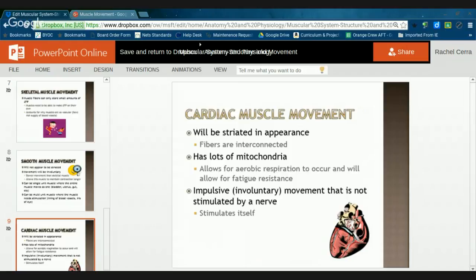Because this is one of the most important tissues, or the most important muscle in our body, you're going to need lots of mitochondria. This particular muscle never takes a break. When it takes a break, you die. So obviously you don't want it to take a break because that would be bad.